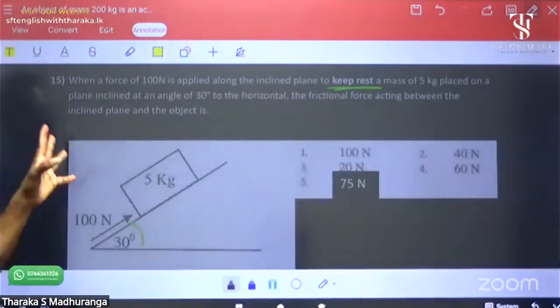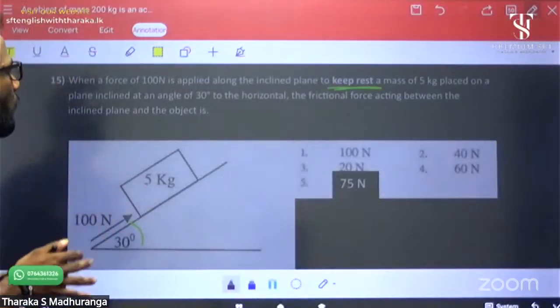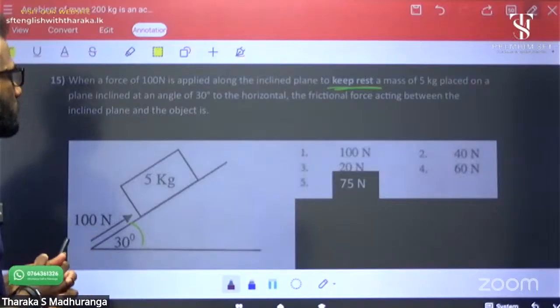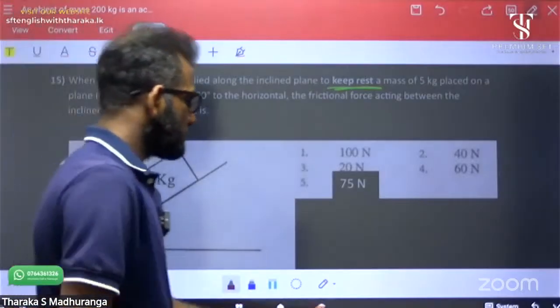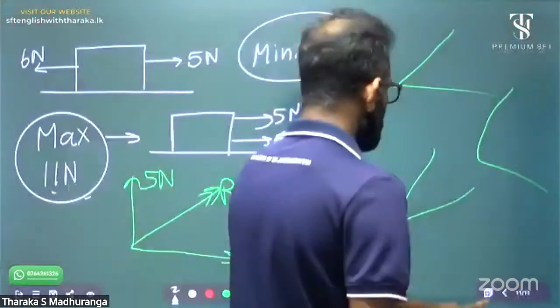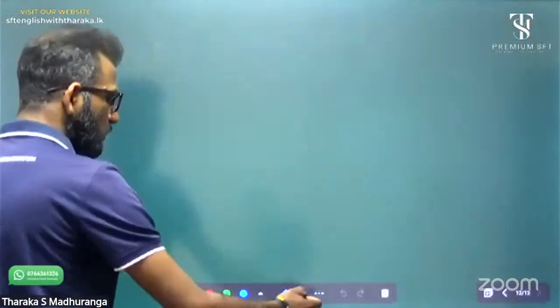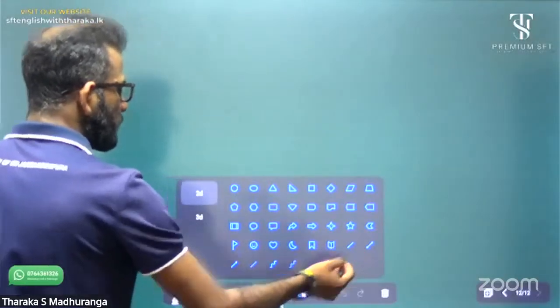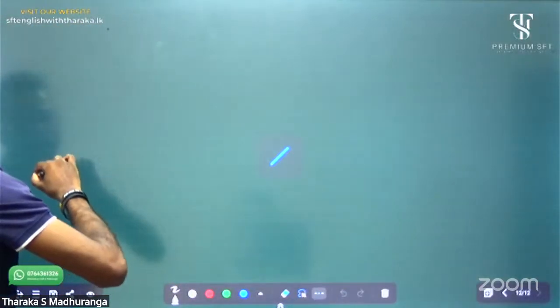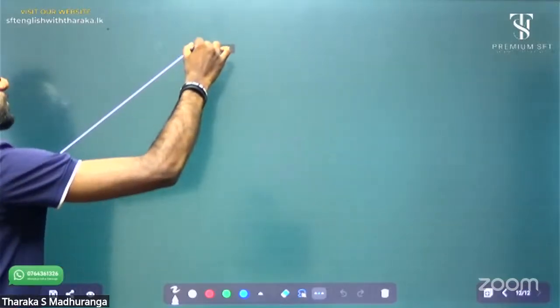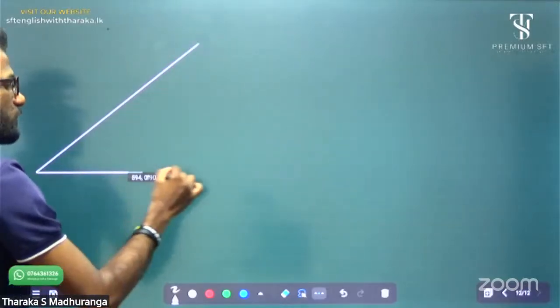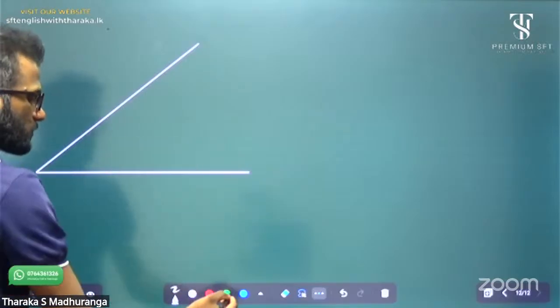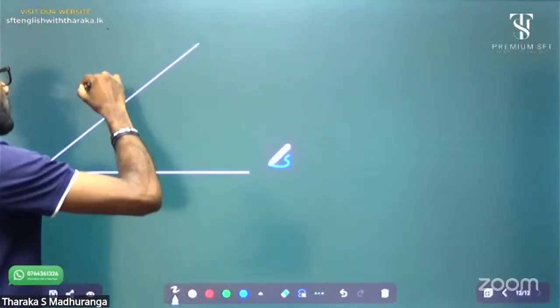Hurry. First, you need to understand this question. When a force of 1000 Newton is applied along the inclined plane, this is the question. This is the inclined plane. This is the ground level. This is the object.